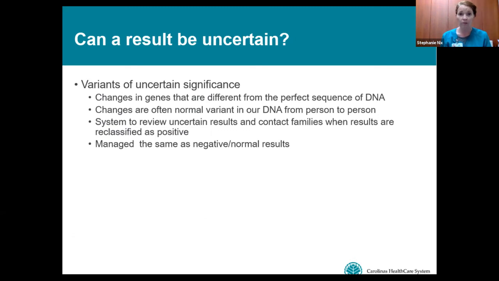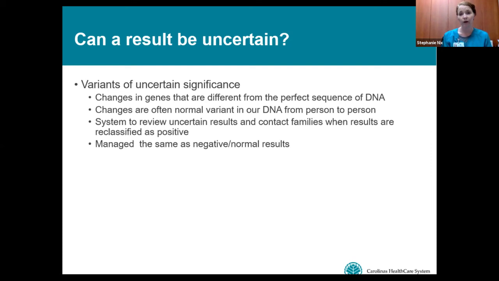So our genes are, again, like recipes, and you can have a subtle change in that sequence of that gene and it not damage the gene's function at all. So some changes in genes are just normal variations from one person to another. So different places in the world, different families can have subtly different variations on genes.